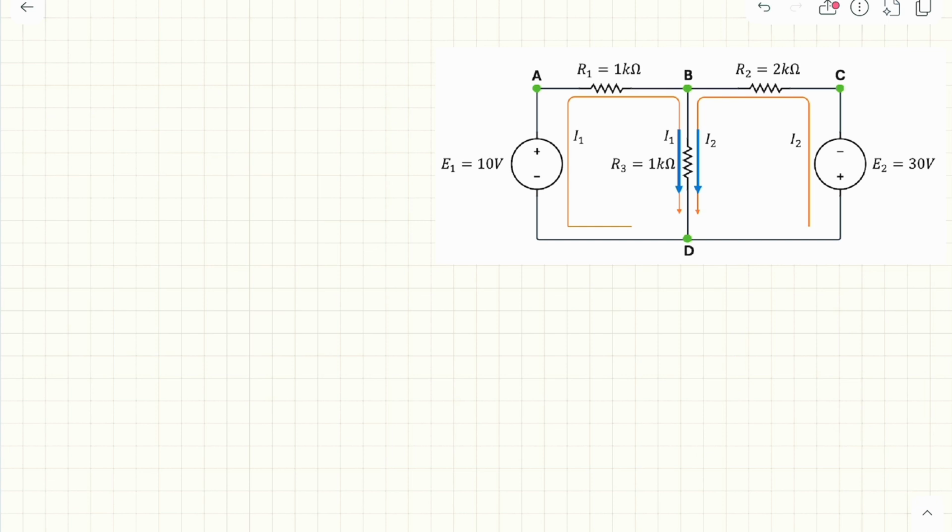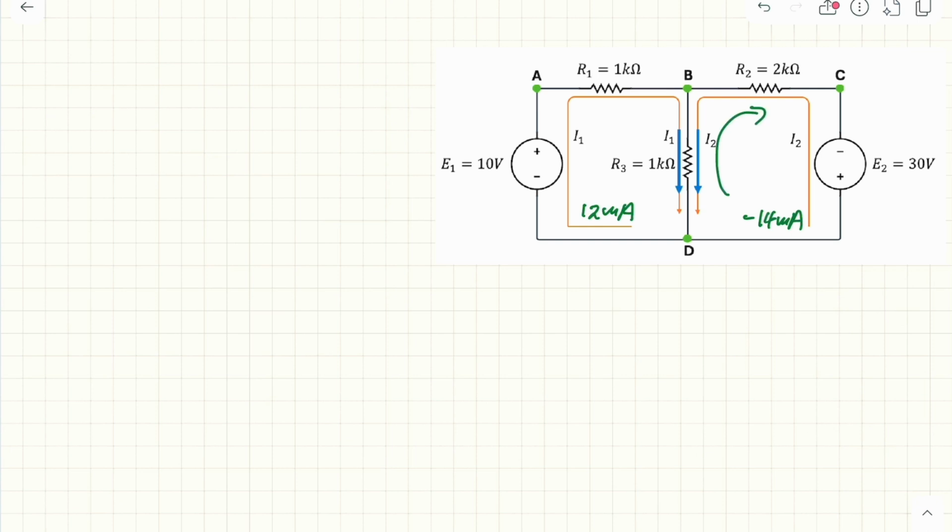We find the value of I1 is 12 milliamp and the value of I2 is minus 14 milliamp. So it means I1 is exactly the same as the last question, and I2 is negative 14 milliamp. It means the direction is opposite to the direction we assumed.